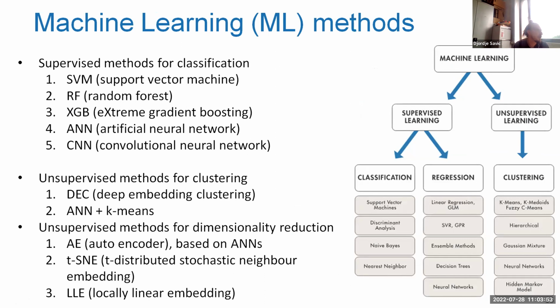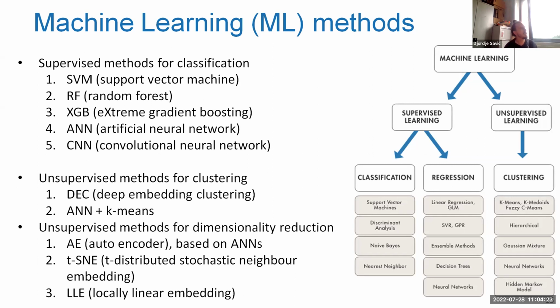And there have been a couple of attempts with unsupervised learning for dimensionality reduction: the autoencoder, PCA, t-distributed stochastic neighbor embedding, or t-SNE, and we also attempted locally linear embedding.